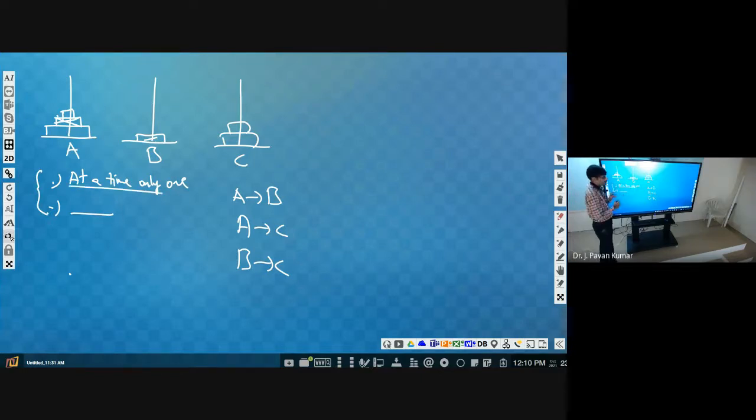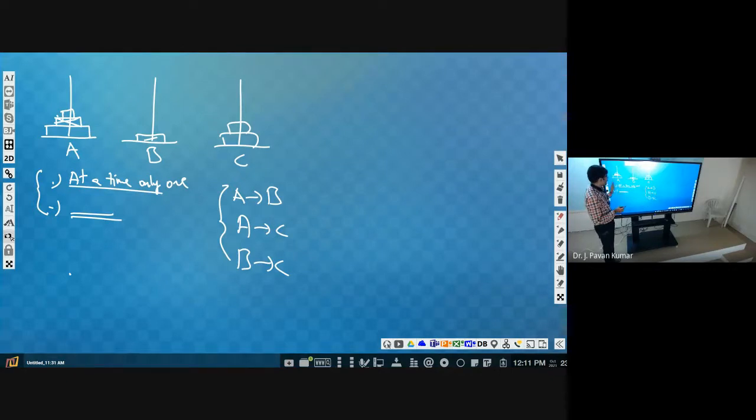First one, only one at a time. Next, on top of a larger one only we can place a smaller one. That is the second condition. By keeping that, these are the steps to move 2 disks. When we have 2 disks, these are the steps, 3 steps. We cannot minimize it anymore, right? We cannot do it in 2 steps, 3.